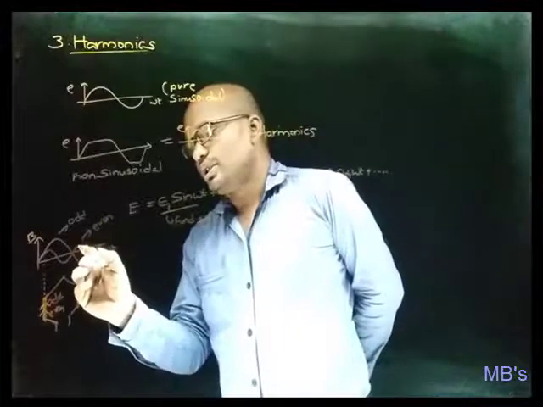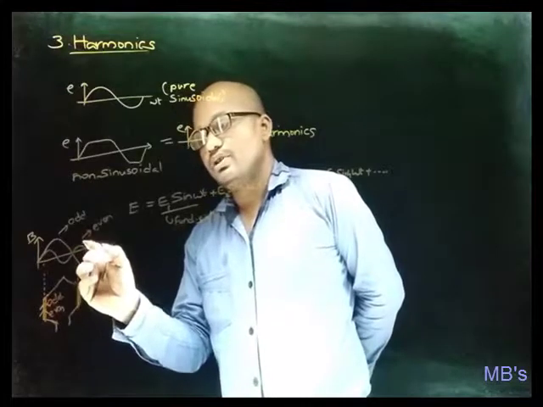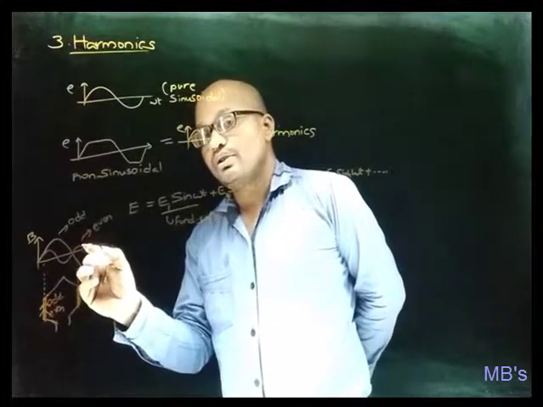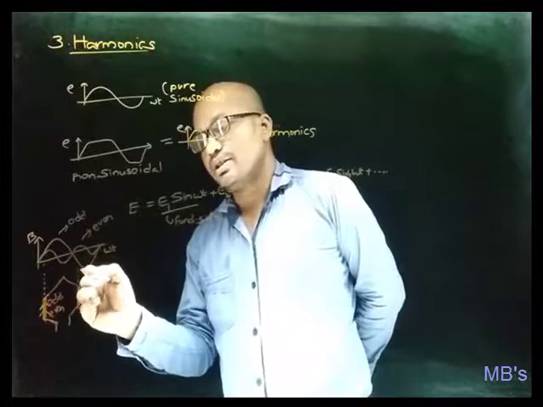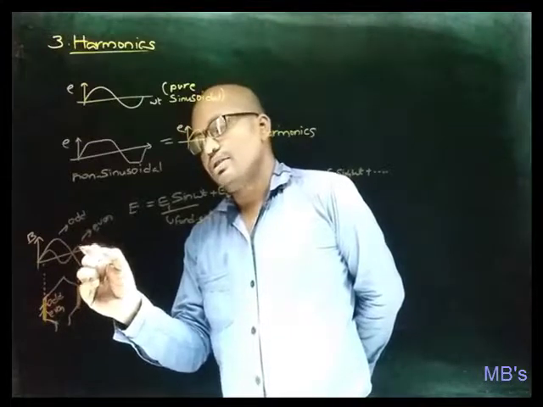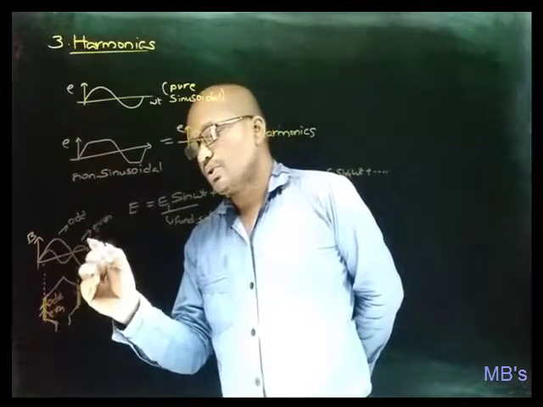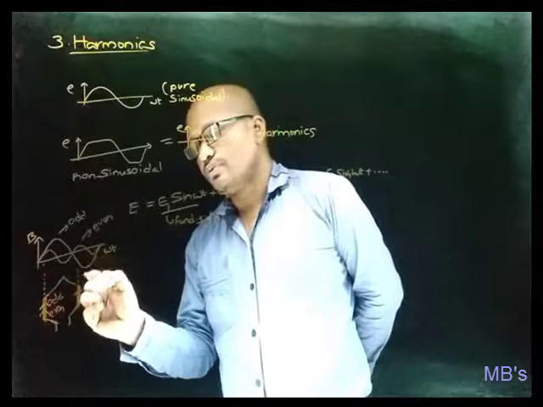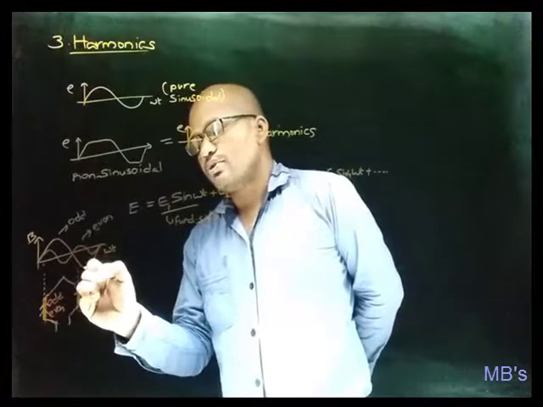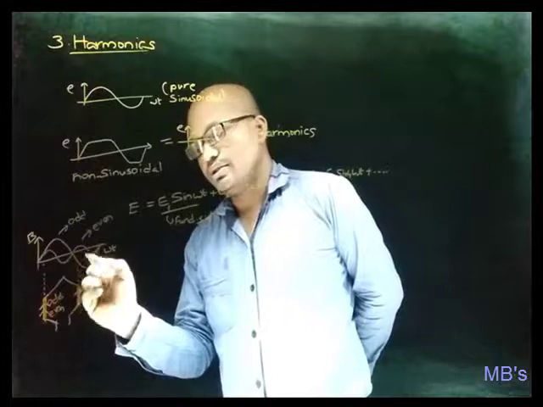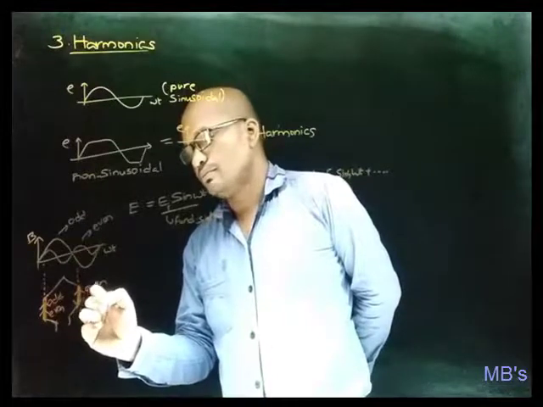If you observe, the even harmonic is on the positive side and the odd harmonic is on the negative side. So the EMF induced due to even harmonic will be in one direction and the EMF induced due to odd harmonic will be in the other direction. We consider that positive side harmonics have upward direction. So the positive direction EMF due to even harmonics is upwards, and because of the negative side harmonic, the direction of induced EMF will reverse, so downward direction.